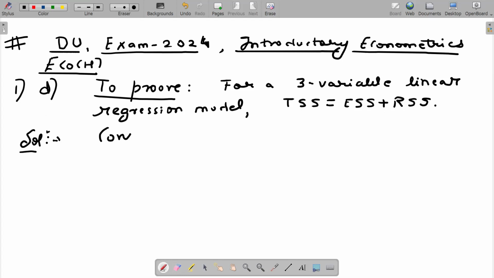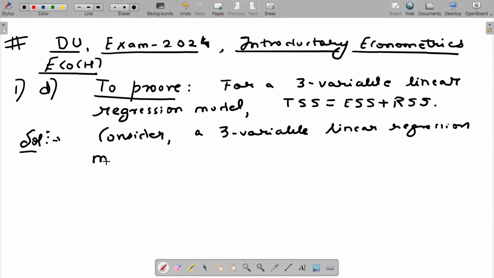So consider a three variable linear regression model which looks like this. Yt is equal to b1 plus b2 x2t plus b3 x3t.